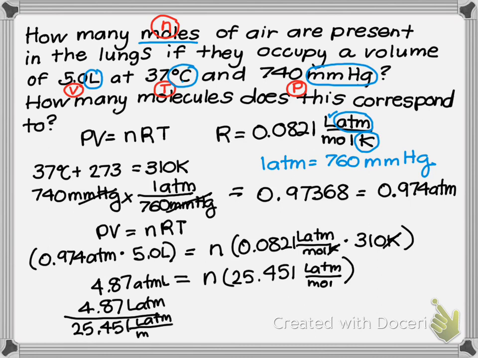The liters and atmospheres both cancel, and I just have moles. So that equals N. So if I take 4.87 and divide it by 25.451, I get 0.19. Oh, and I think I can do 2 significant figures, because if I look up there, moles.